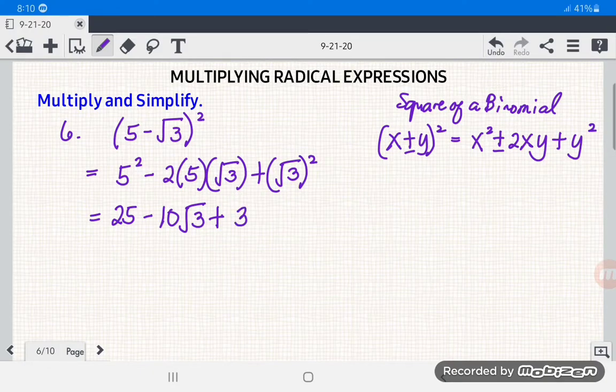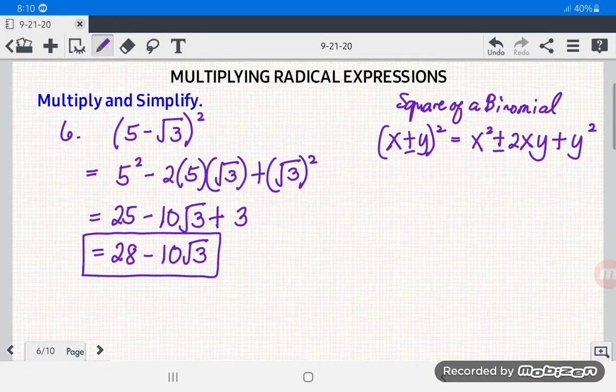Now you're going to combine similar terms. We have 25 plus 3, so we have 28. Then minus 10 square root of 3. So this is the answer for number 6: 28 minus 10 square root of 3.